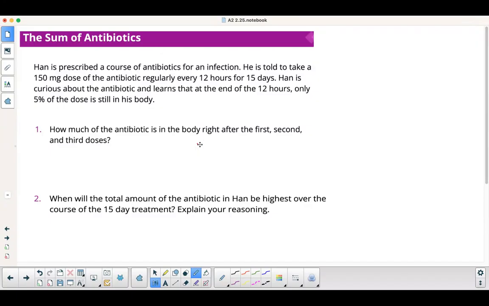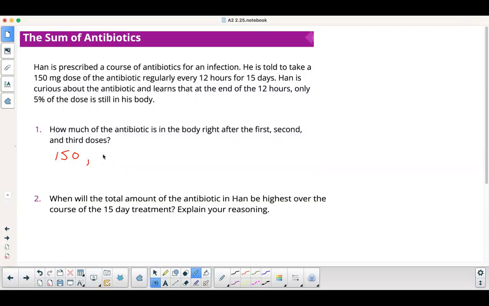Okay, so 150 on the first dose, but then the second dose. So out of the first dose, there's only 5% left.